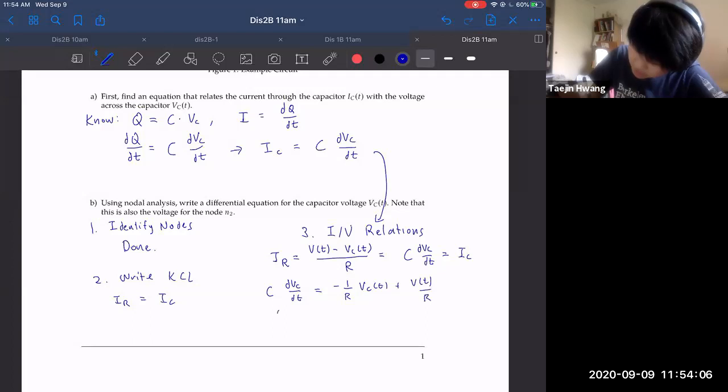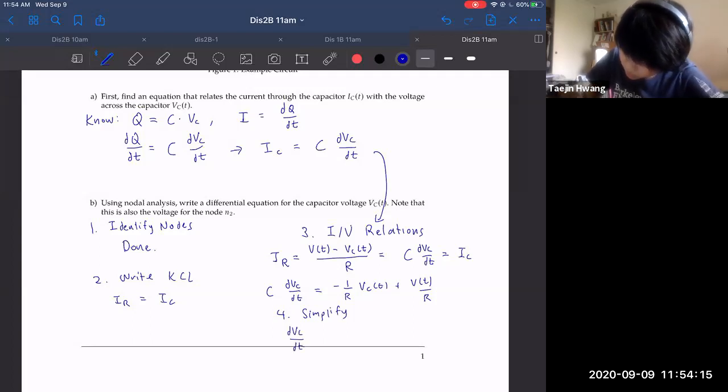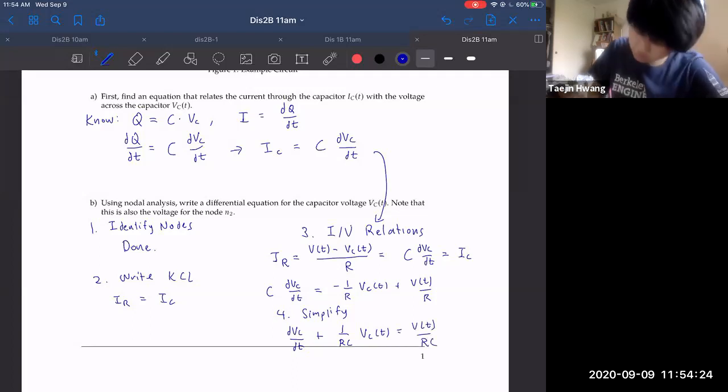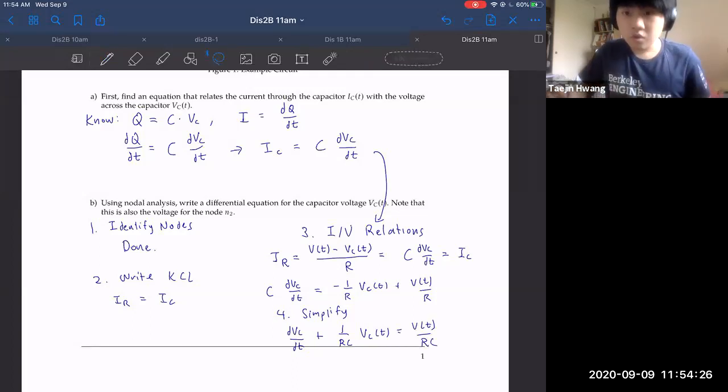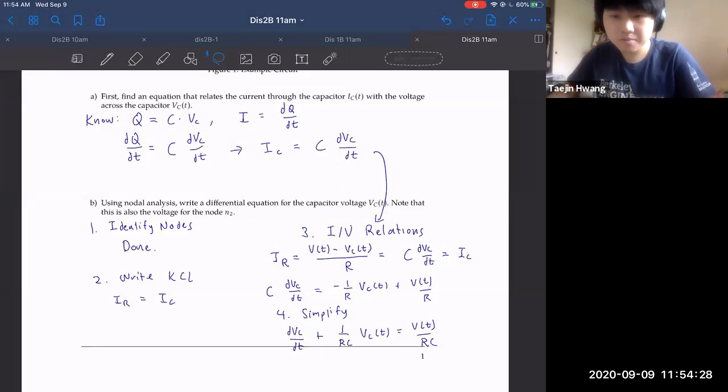And I think the last step is to always just simplify. We're going to see why we want to simplify this. So any questions about the overall process?